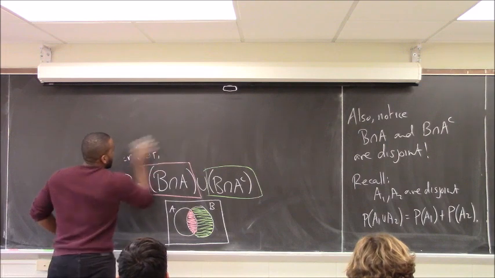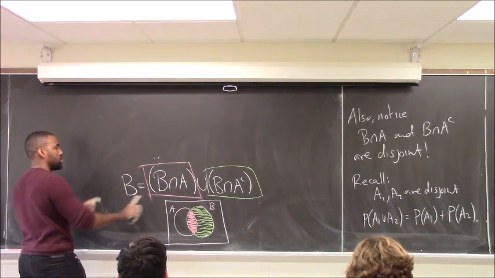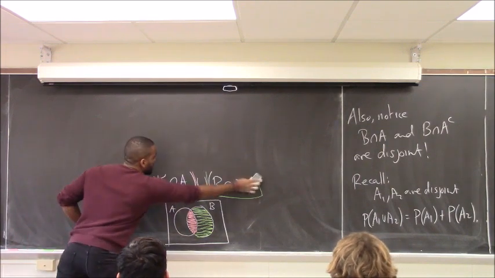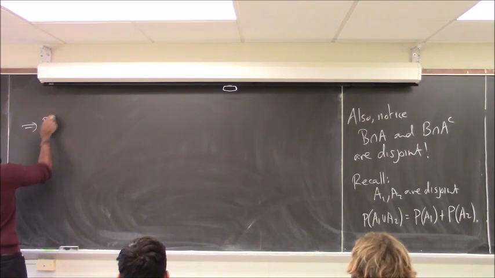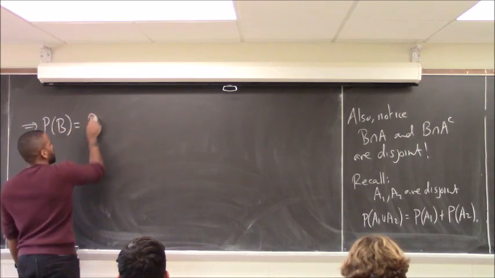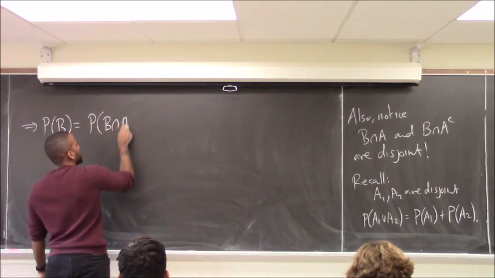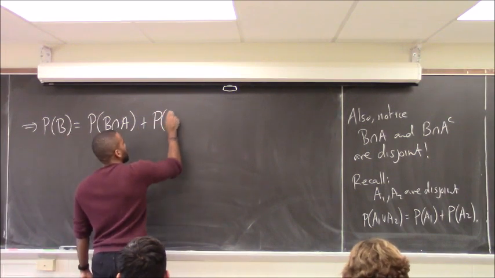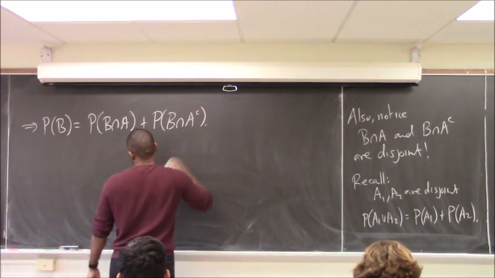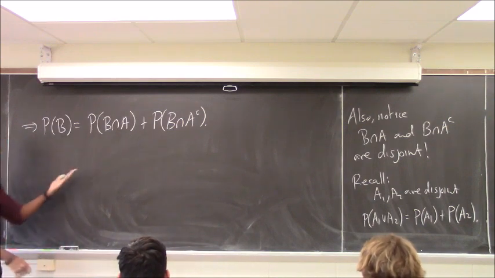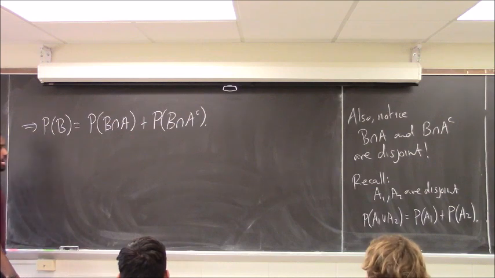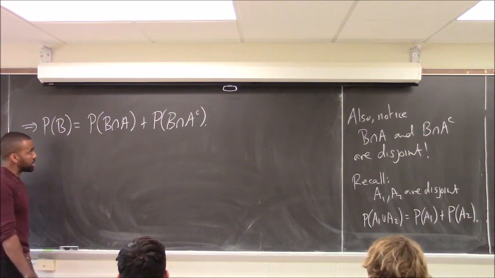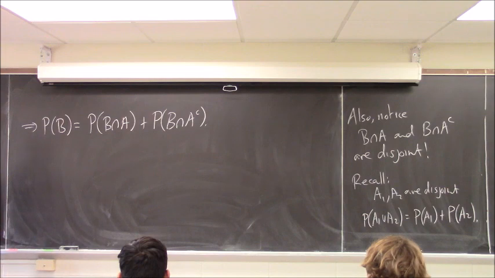Well, if these two sets are equal, then the probability of this is equal to the probability of that. So what that means, I can write the probability of B as the probability of B intersect A plus the probability of B intersect A complement. That's always going to be true, because I can split up any set like that, and axiom 3 from the probability axioms tells me that this is going to be true if I just take the probabilities of both sides.